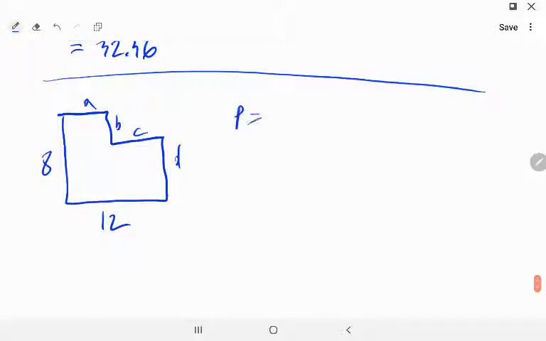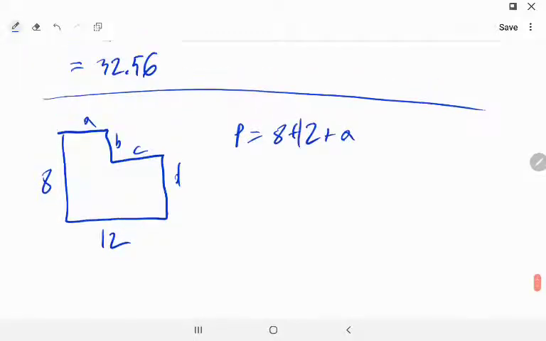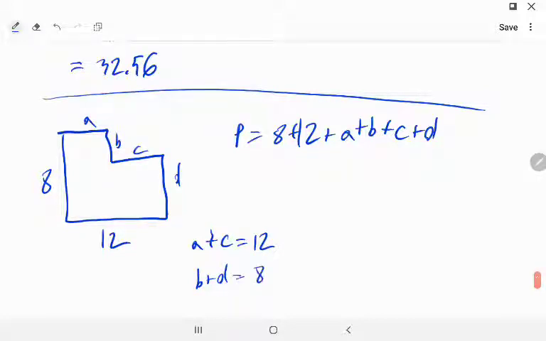The perimeter is going to be 8 plus 12 plus 8 plus 12, plus A plus B plus C plus D, but you notice A plus C has to match up to 12, and B plus D has to match up to 8. And so we know 8 plus 12 plus 12 plus 8 is going to give us 40 units.